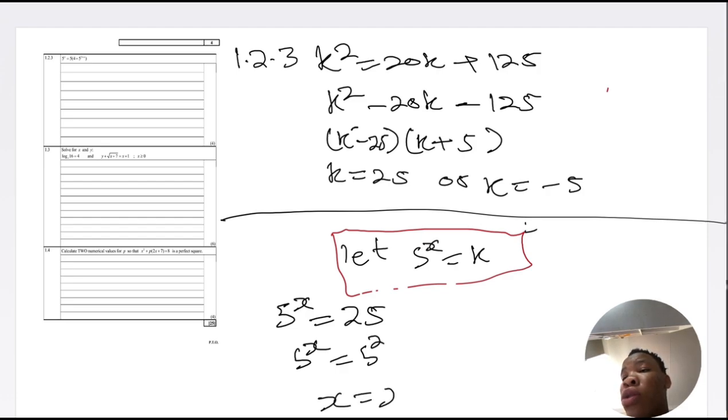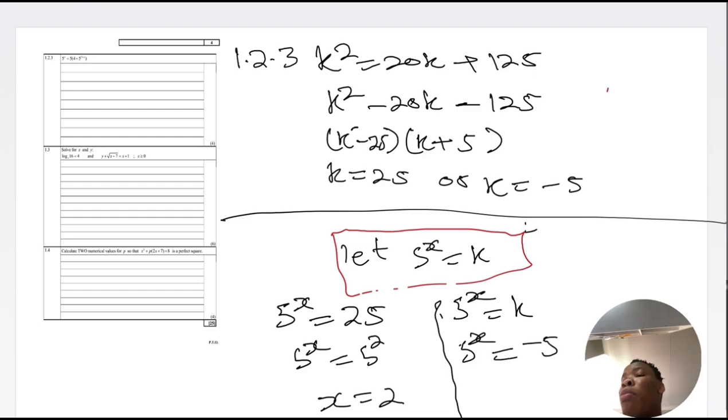Therefore x is equal to 2. Then on the other side, 5 to the power of x equals negative 5. But if we try to solve for x here, it is impossible. Therefore 5 to the power of x can never be equal to negative 5, so k can never be equal to negative 5.